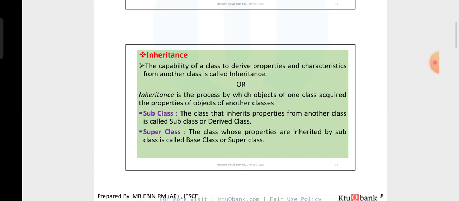Subclass is the child class, superclass is the parent class. So the child class, that is the subclass, will inherit the properties from the parent class, and the superclass is that particular class whose properties will be inherited by the child class or the subclass.